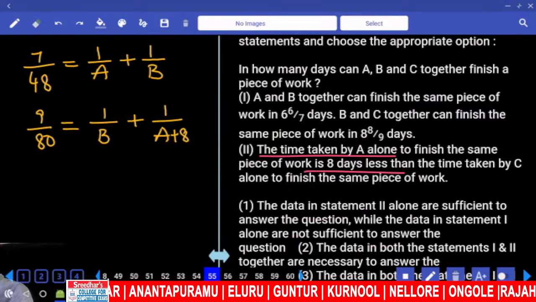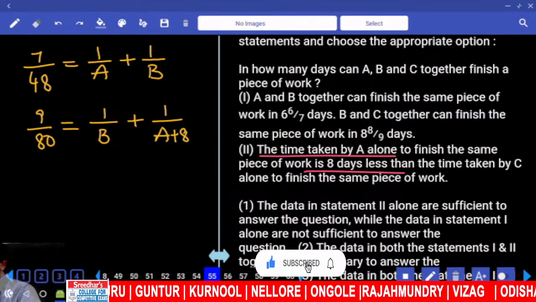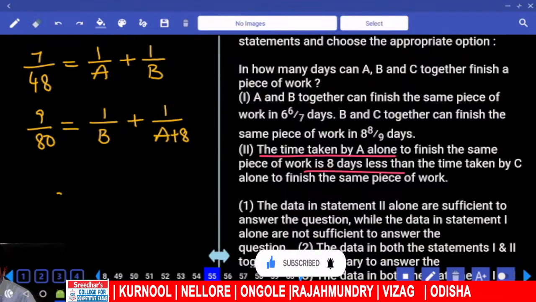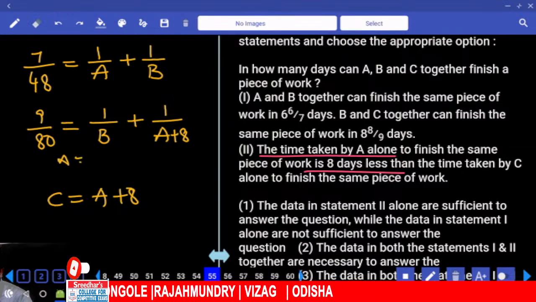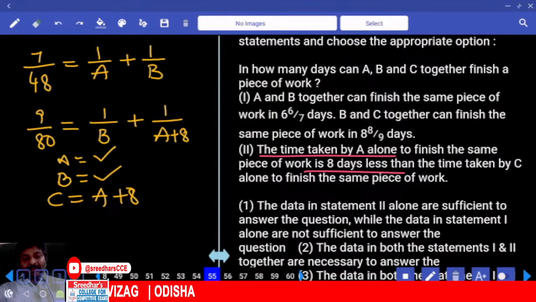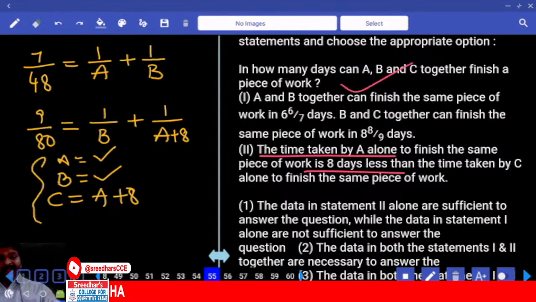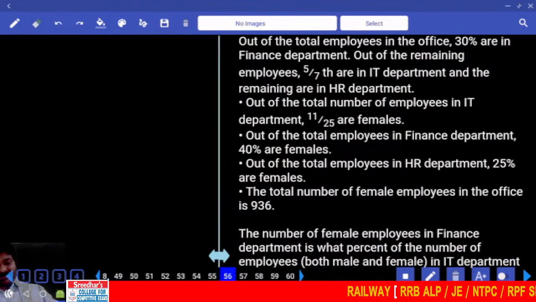Two equations, two variables. Will you get the A value or not? B value or not? Once we have the A value, C is equal to A plus 8. So we know the A value, we know the B value, we also know the C value. Once you have all three, the answer can be found. You got it? So the answer: both are required to answer the question.